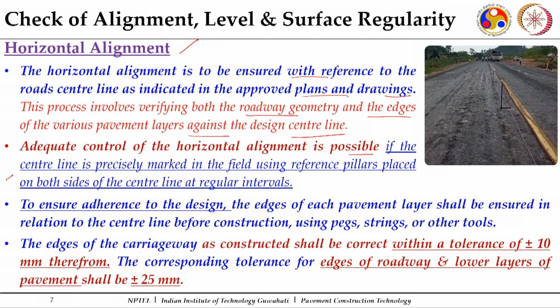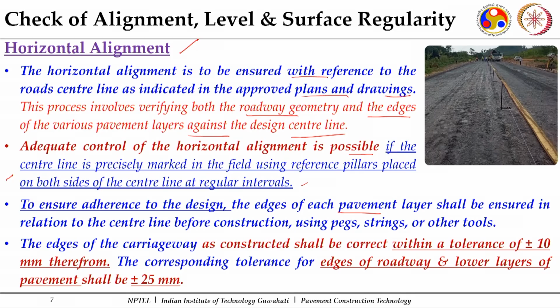So adequate control of the horizontal alignment is possible if the center line is precisely marked. For that you have the benchmarks, you have the temporary benchmarks in the field using reference pillars placed on both sides of the center line at regular intervals, and they should not get disturbed during the course of your construction. To ensure adherence to the design, the edges of each pavement layer should be ensured. As I showed there, the edges of a granular subbase course get extended to your side slopes, whereas the edges of your base courses and the upper courses have a different extent.